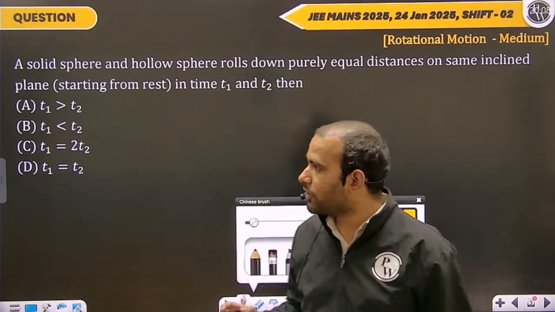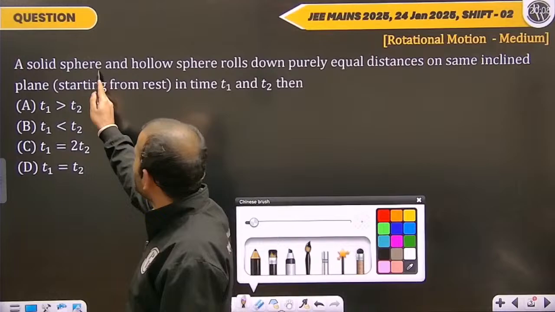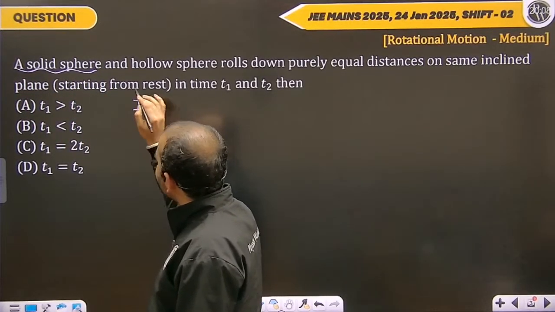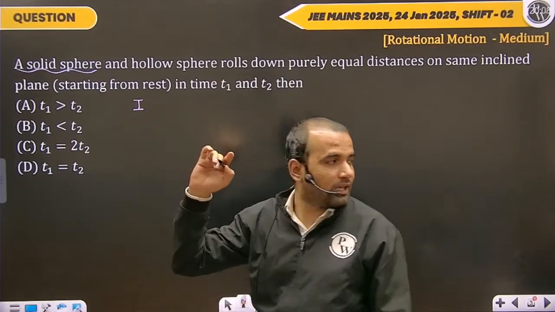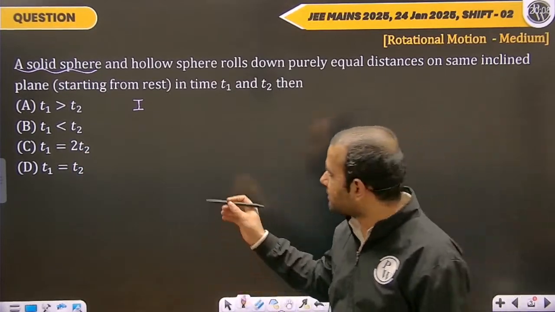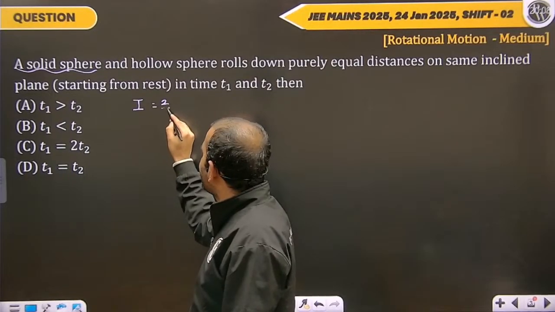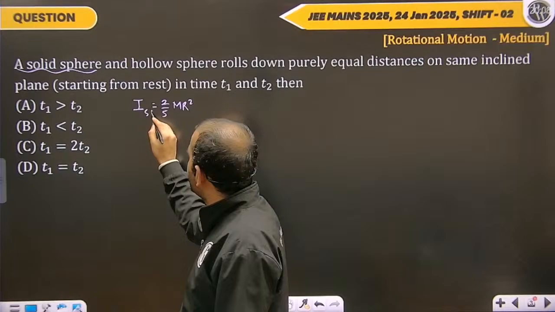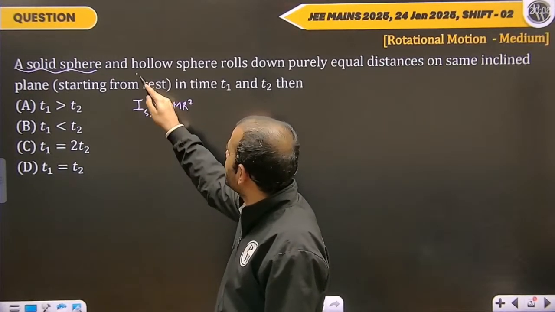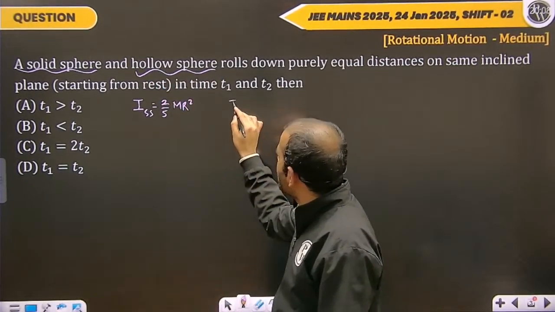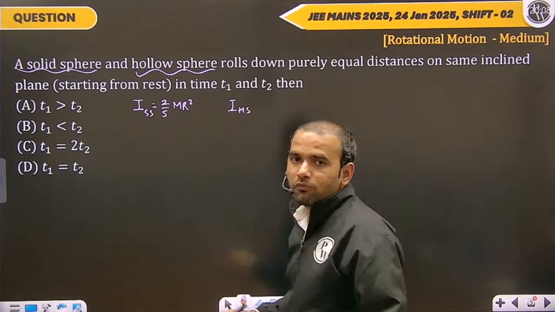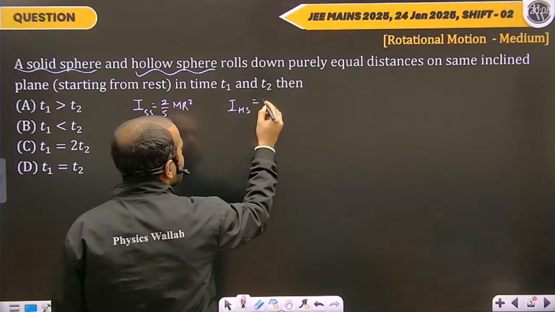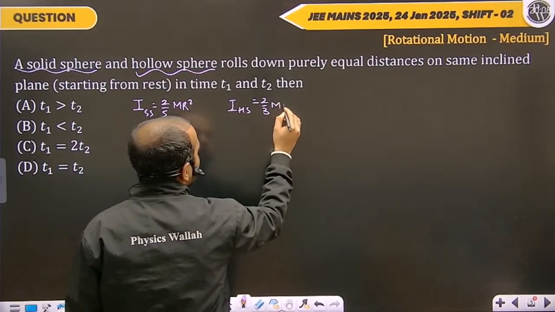For a solid sphere, we all know the moment of inertia, if it is rotating about the axis passing through the center, will be 2 by 5 mr square. Now apart from the solid sphere, we have a hollow sphere, and for a hollow sphere the moment of inertia is basically 2 by 3 mr square, right?